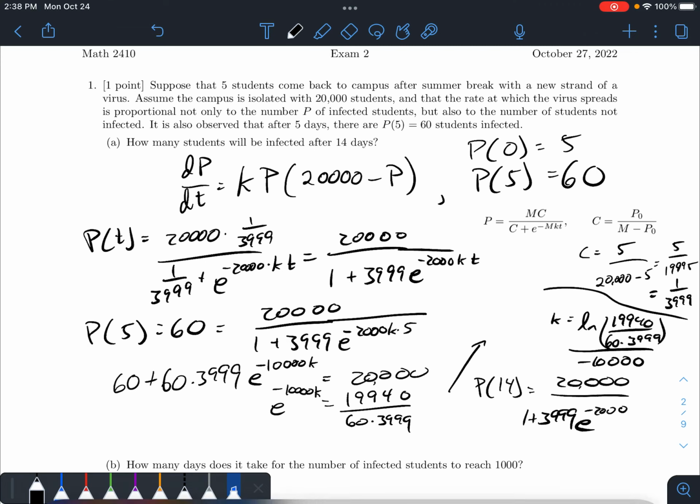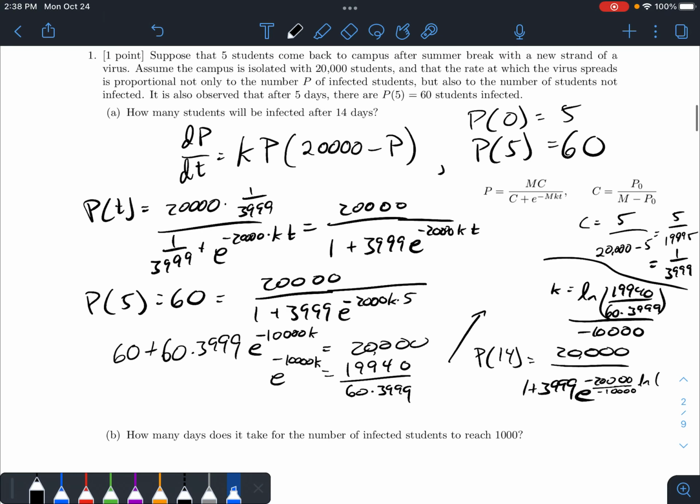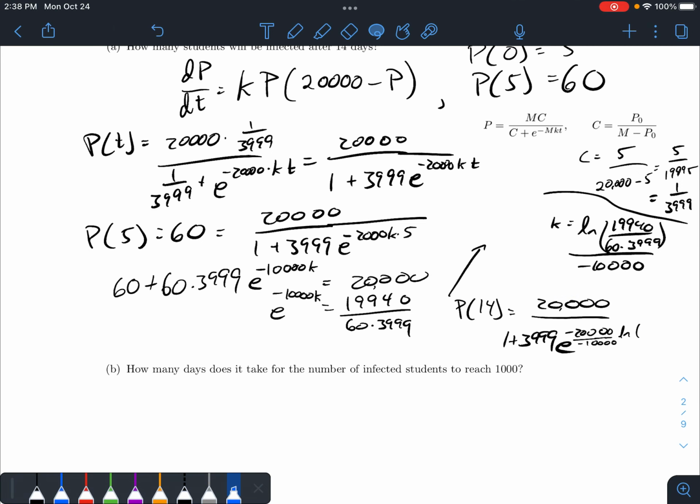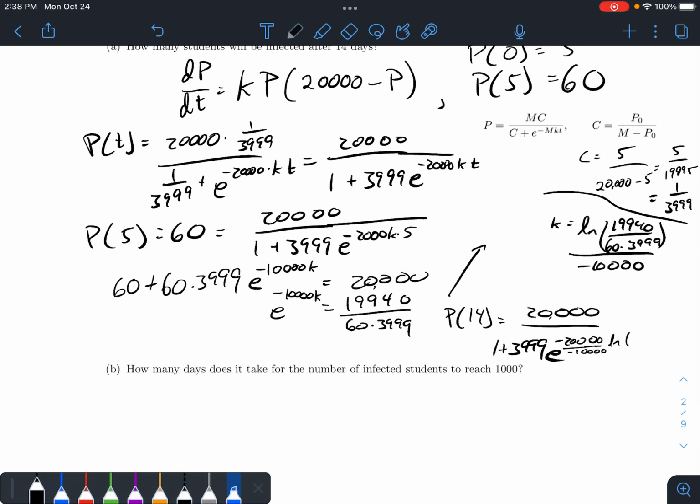Or is it 20,000 or 2? I missed a 0 up here. That should be 20,000. 20,000 times k, which is what we're dividing by, like negative 10,000 times ln of, oh gosh, running out of space.